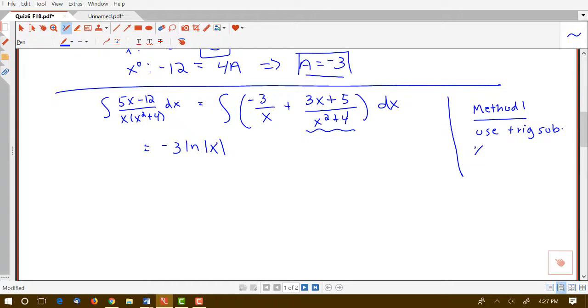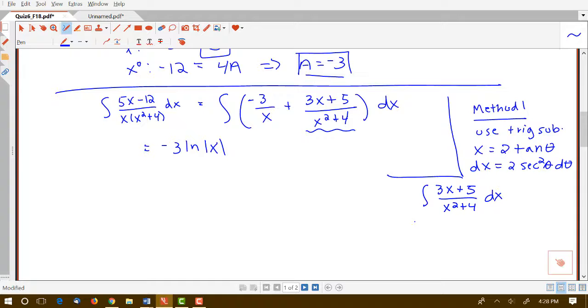So you could let x be equal to 2 tangent theta, so that dx would be equal to 2 secant squared theta d theta. And then you could say that your integral of 3x plus 5 over x squared plus 4 dx is equal to an integral of 3 times x, which would be 2 tan theta, plus 5.